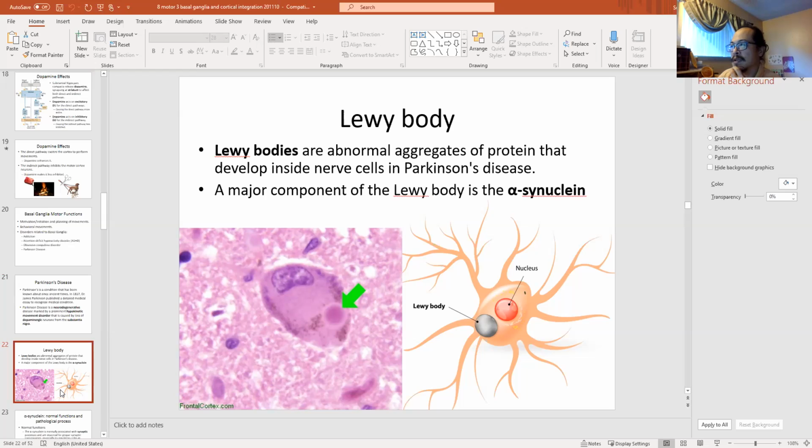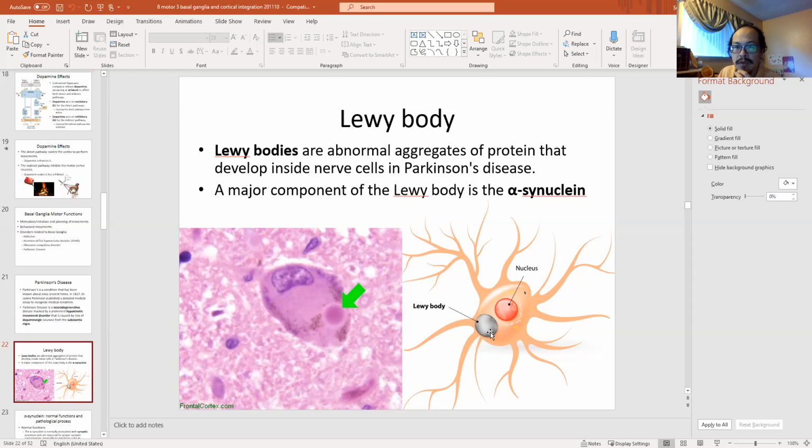This protein is called alpha-synuclein. Alpha-synuclein starts to aggregate in the neuron, and when it aggregates, it forms this pocket called the Lewy body, and that will gradually kill the neuron.